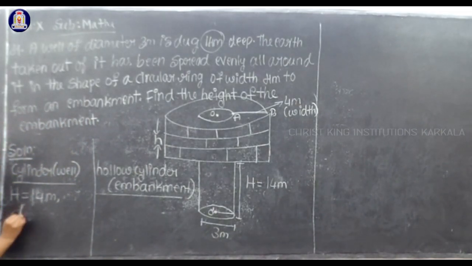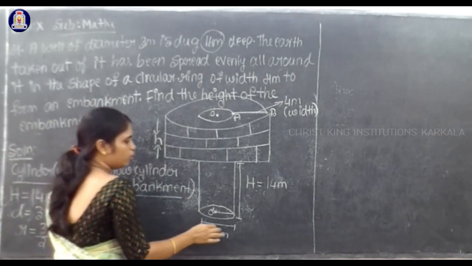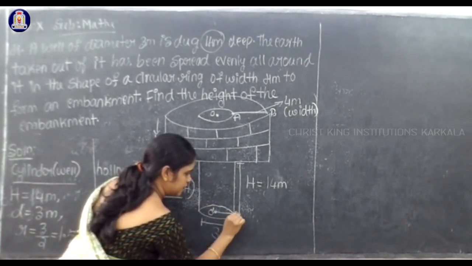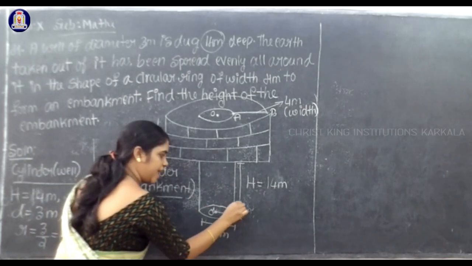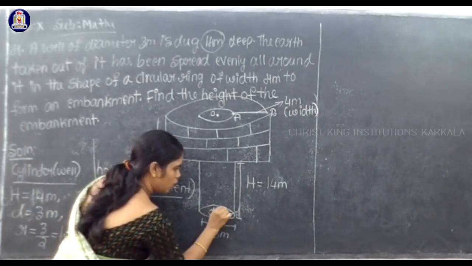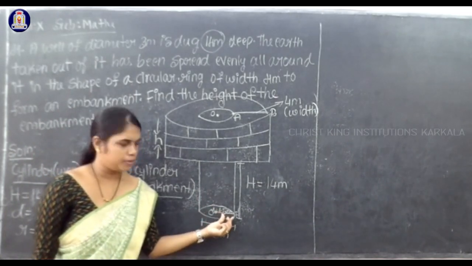So D is equal to 3 meter. So what about radius? Radius is equal to 3 by 2, so 1.5 meter. I will represent it by O dash A dash. O dash A dash will be equal to 1.5 meter.